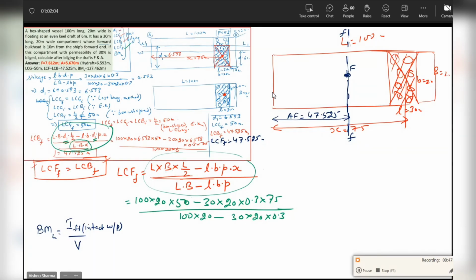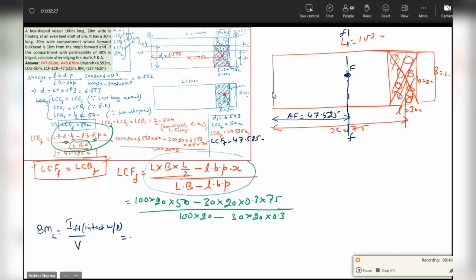The formula for BML and BMT we did when we were doing applications of moment of inertia. Do you agree with the BML formula, or does anybody have any doubts? Okay, no doubts. Then I continue.